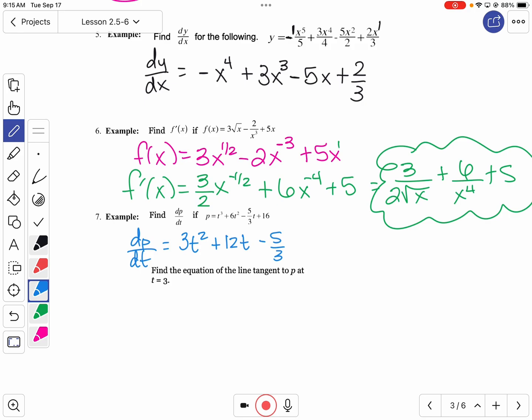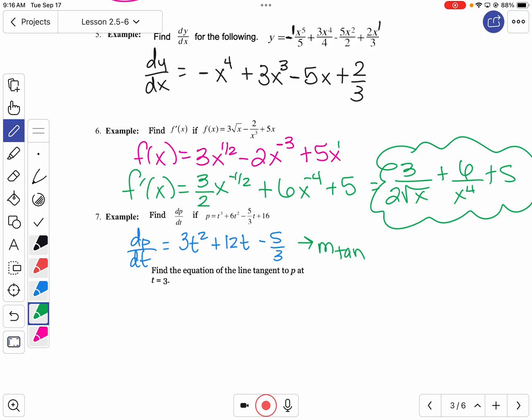So now it asks me to find the equation of the line tangent to P at t equals 3. This derivative is the same thing as what? Slope of the tangent, okay? And to write an equation of a line, we need a point and we need a slope, okay?